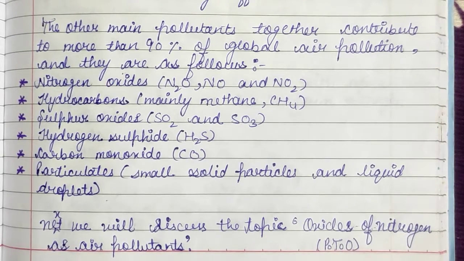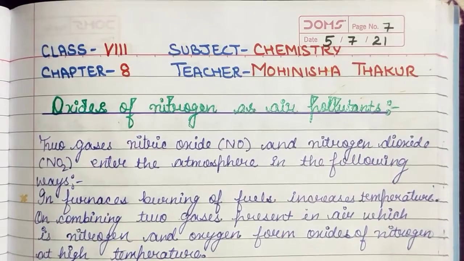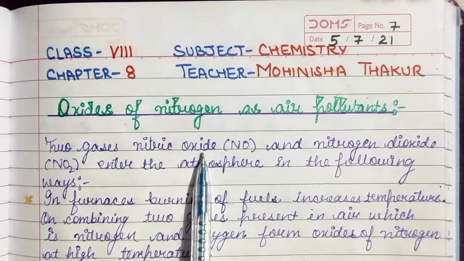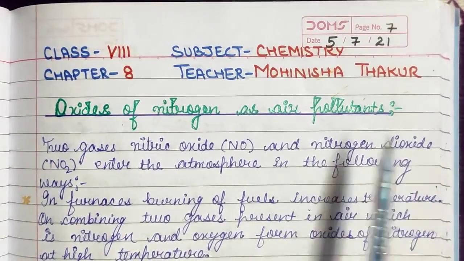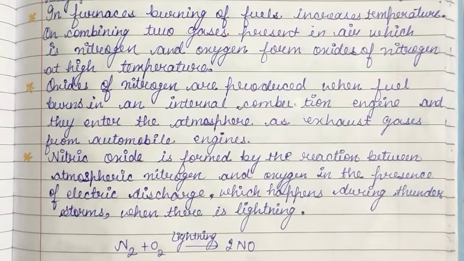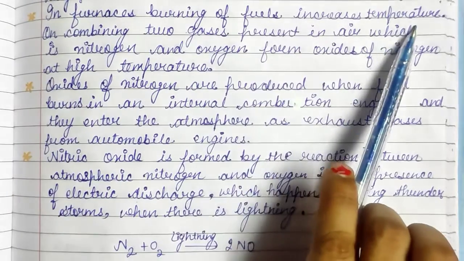Next, we will discuss the topic oxides of nitrogen as air pollutants. Two gases, nitric oxide, which is NO, and nitrogen dioxide, which is NO2, enter the atmosphere in the following ways. Number 1, in furnaces, burning of fuels increases temperature.